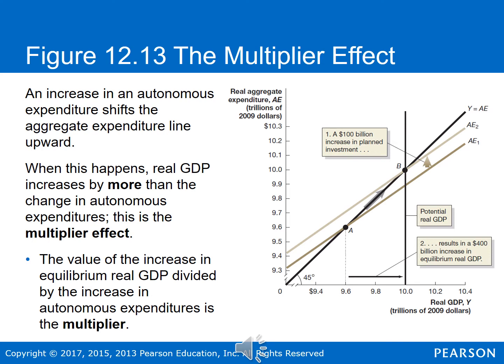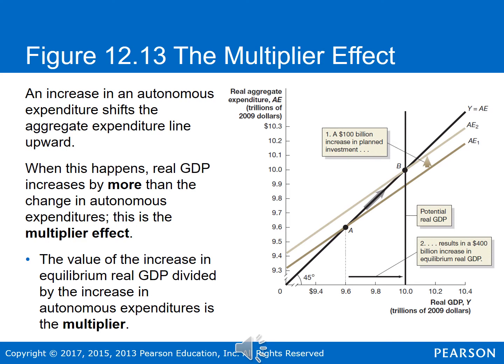Now, in practice, investment spending is not the only component of GDP that's going to have this multiplied effect. Any increase in autonomous expenditure is going to shift up the aggregate expenditure function and lead to a multiplied increase in real GDP. Because we had this line shift up from AE1 to AE2, we see a greater increase in real GDP than in the actual investment going into it.